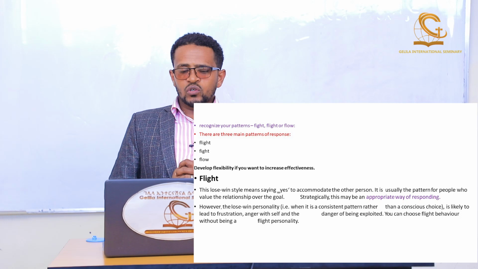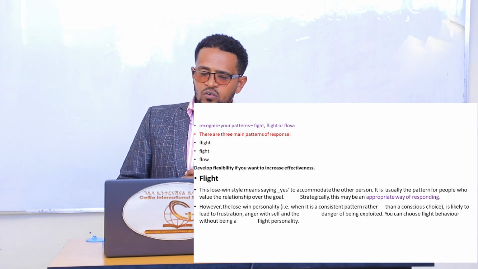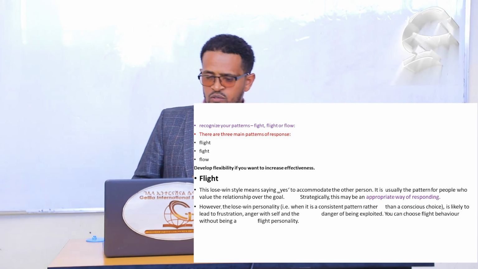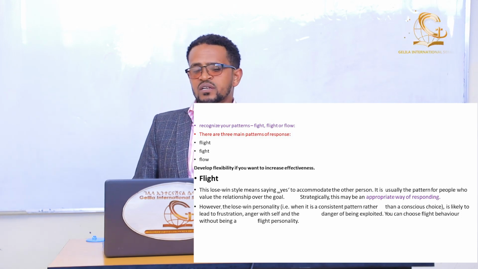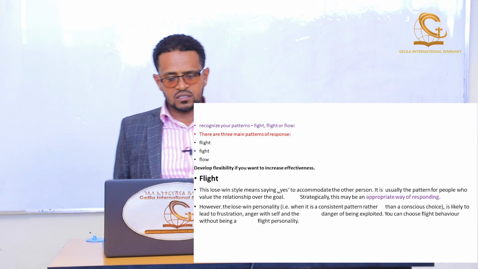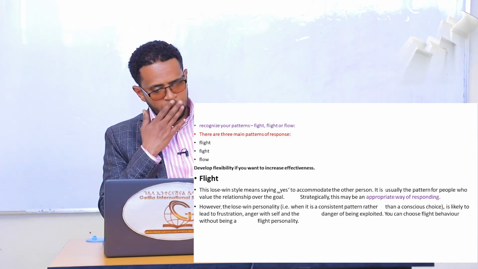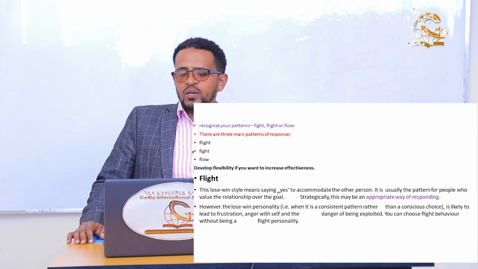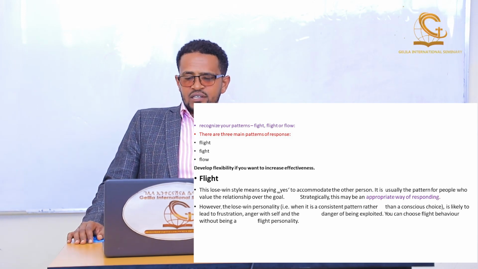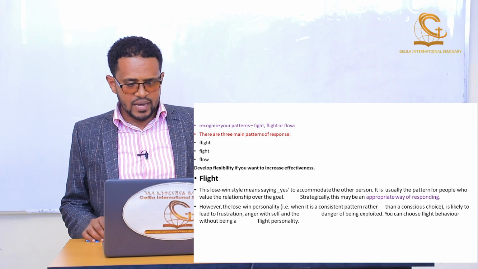So these are very important patterns of what? Responses for any actions or for any issues. Response is a very important point in the conflict management process. The first one is develop flexibility if you want to increase effectiveness.